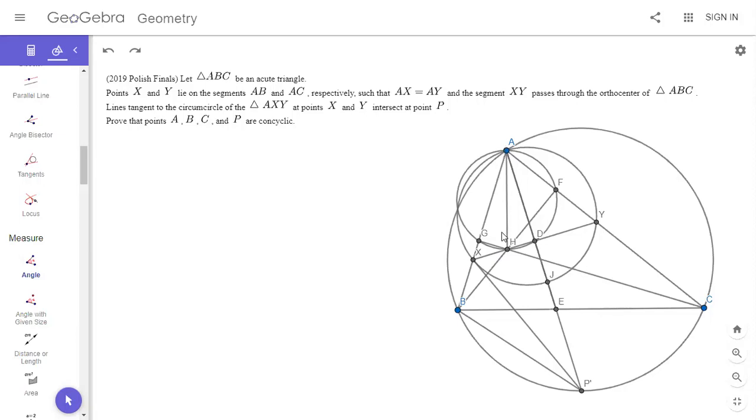So we can calculate angle AHX, and we can show it's the same as angle ABP prime. I think we're close.